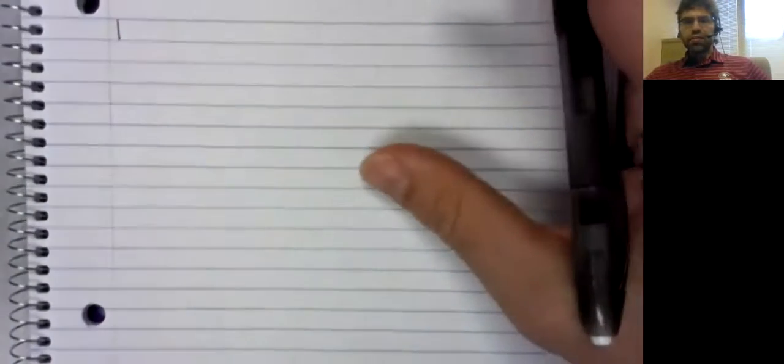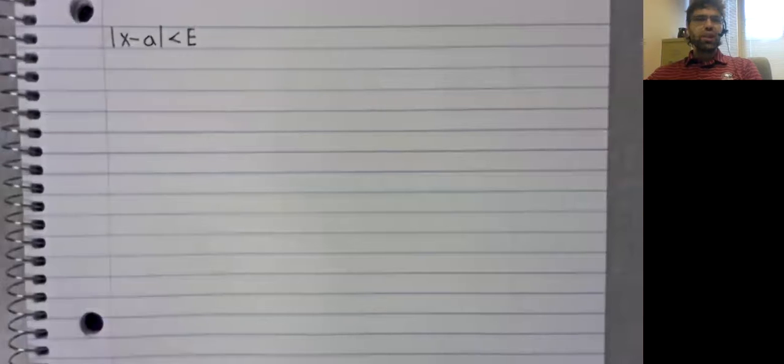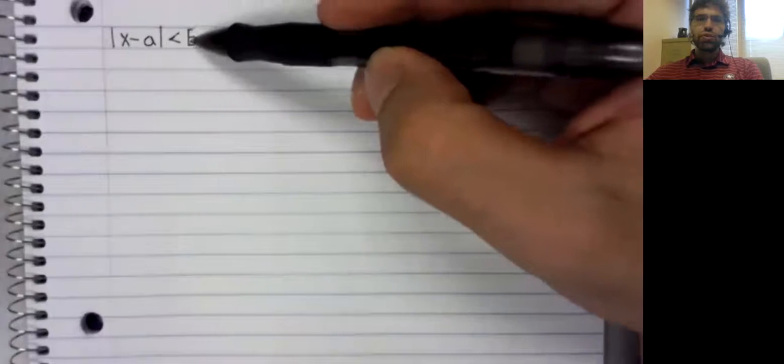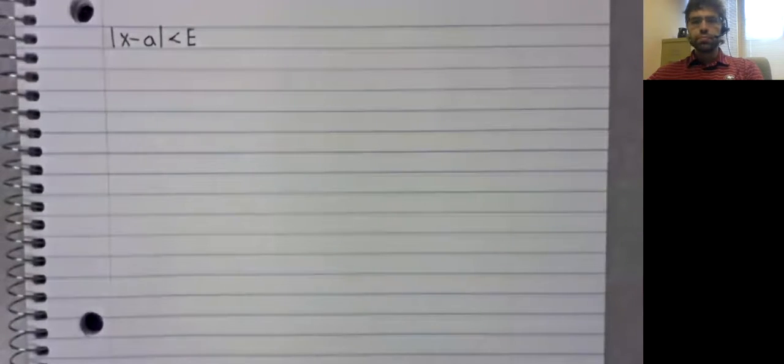Since that's what we get, that's the only thing we'll learn to solve: when the absolute value of x minus a is less than something. Let's use capital E because this is usually a margin of error.